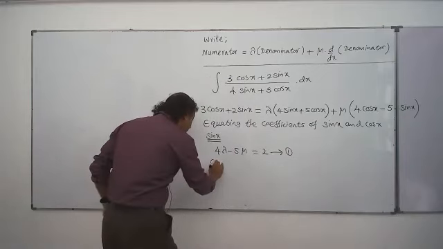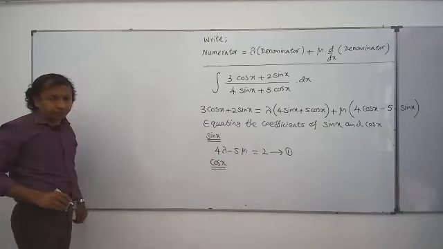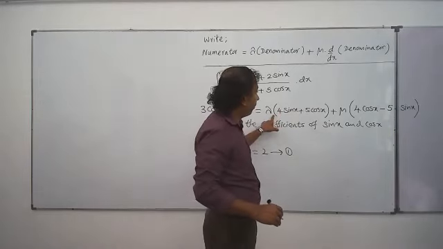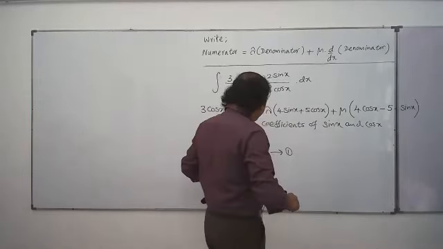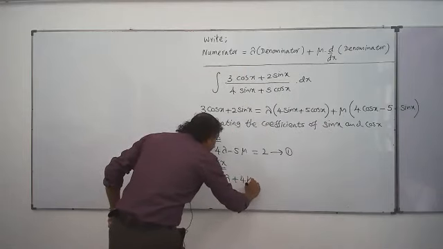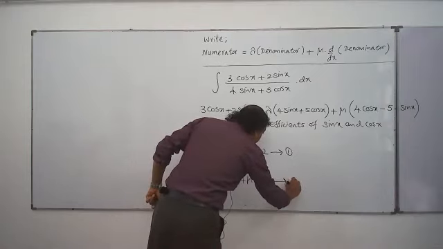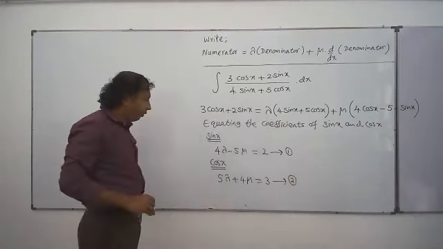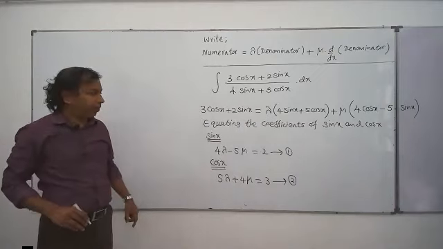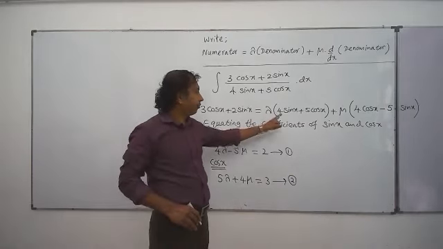Then the coefficients of cos x: on the right hand side we have 5 lambda plus 4 mu, and the left hand side is 3. This is equation number 2. First, people, by solving these two simultaneous equations, find lambda and mu. Then we substitute them here.